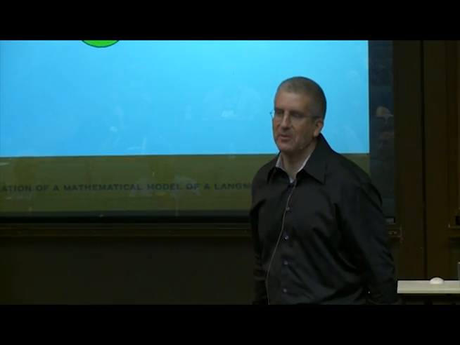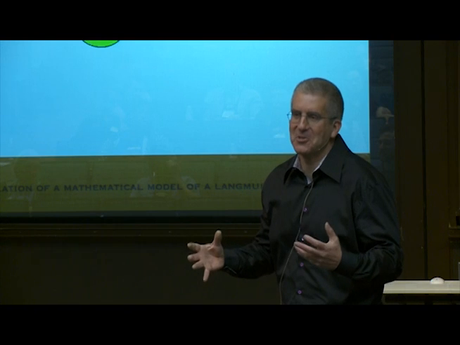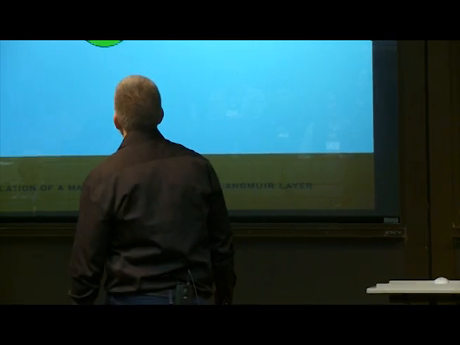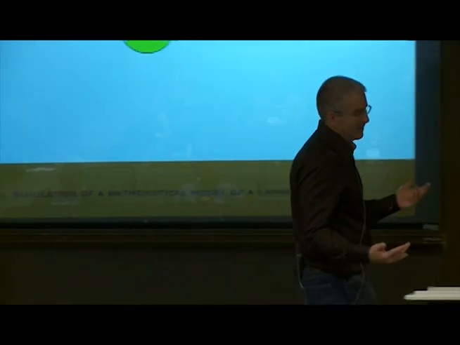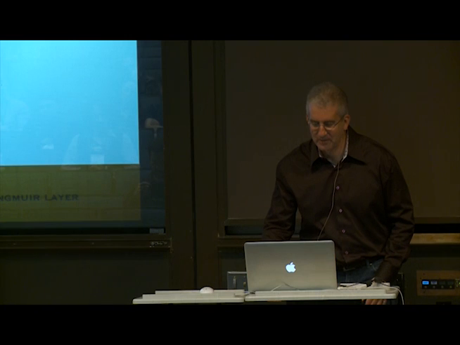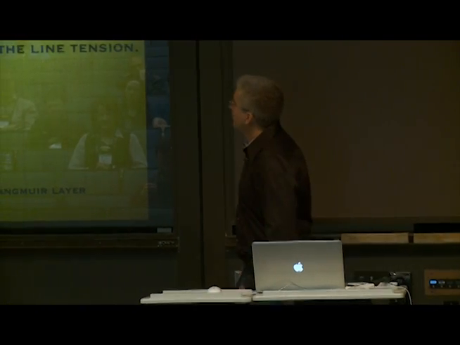There's this phenomenon known as line tension. It's 2D surface tension. When I saw these pictures, I said, man, it's surface tension, except in 2D, and it probably should be even easier to study. And we went a little bit further.